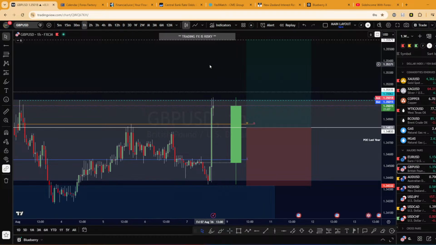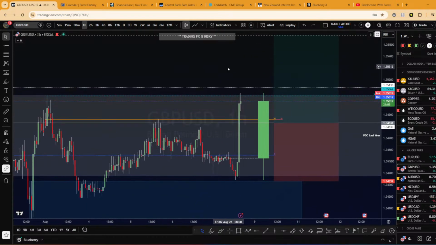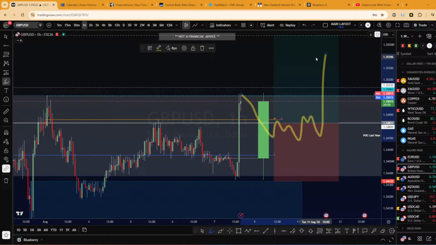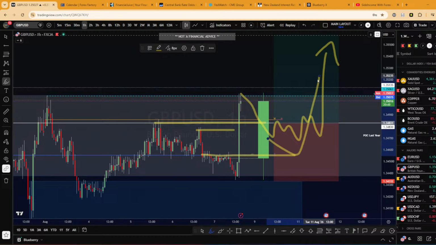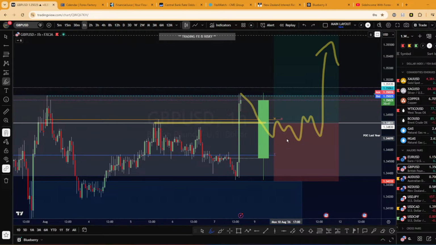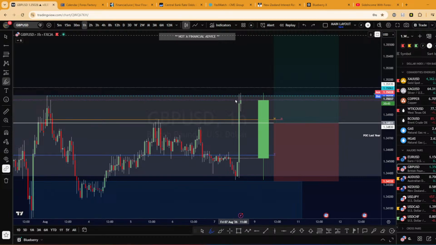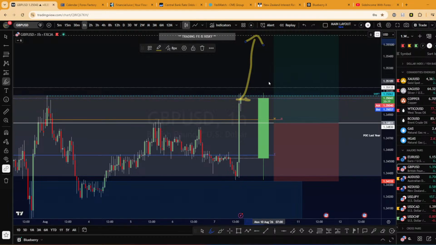If this doesn't go higher today, I want to see some sort of retracement first before entering. Maybe a retest of this level or this level, even this level right there could be interesting. I don't want to chase price. We are pushing. If price goes without me, it is what it is. I will not get in this trade.